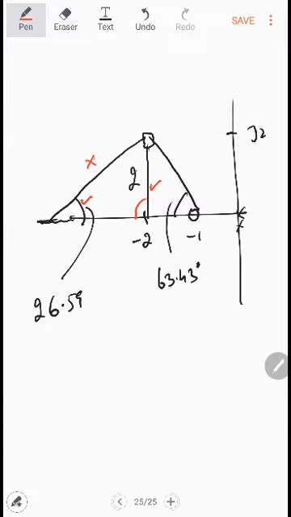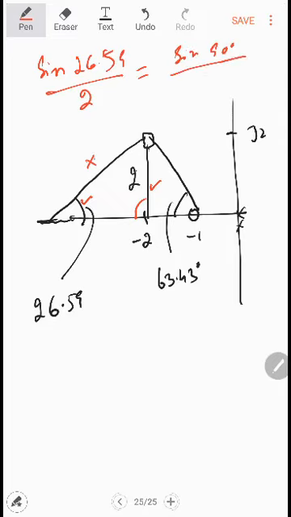You can find this length again from the same angle identity, which is sine of 26.59 divided by this, divided by 2, will be equal to sine 90 divided by, let's say this is equal to y.